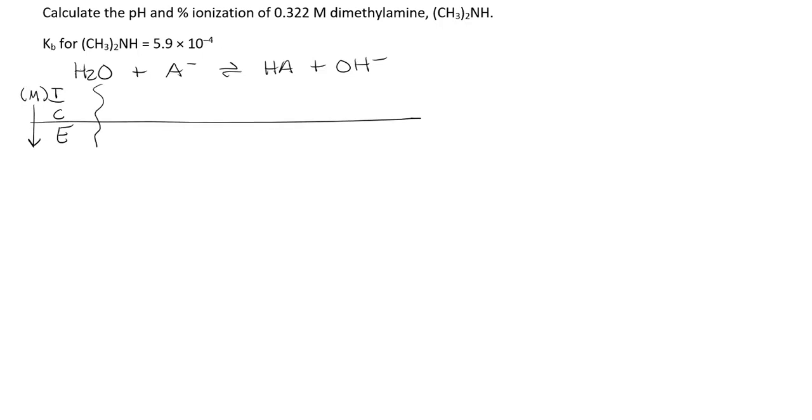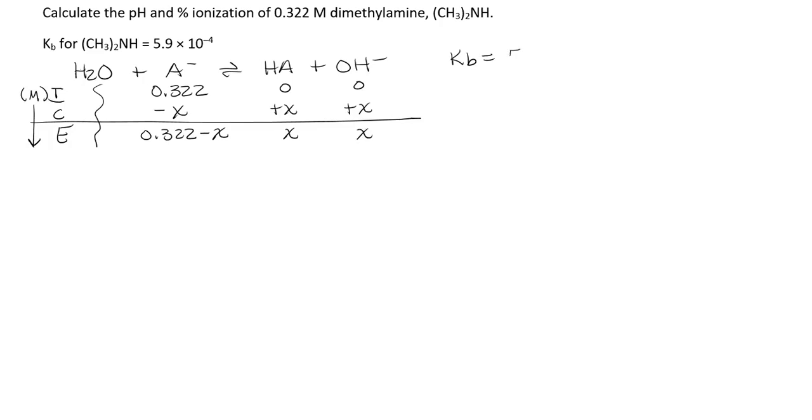Strike out the water and fill in the rest of the table. So for A minus, we have 0.322, and then 0 and 0, minus x, plus x, plus x. Our E row is 0.322 minus x, x, and x.